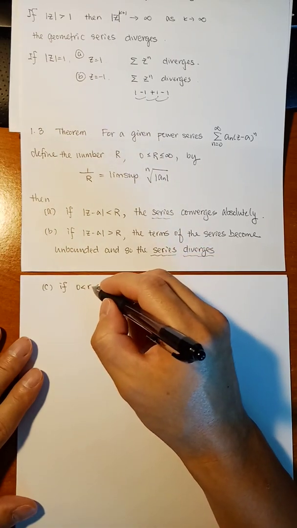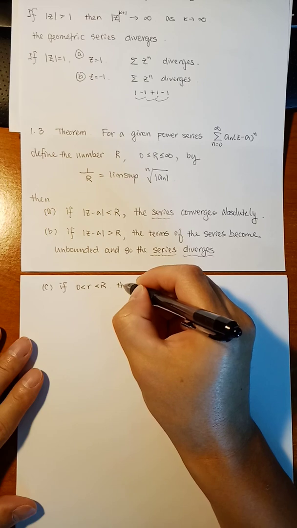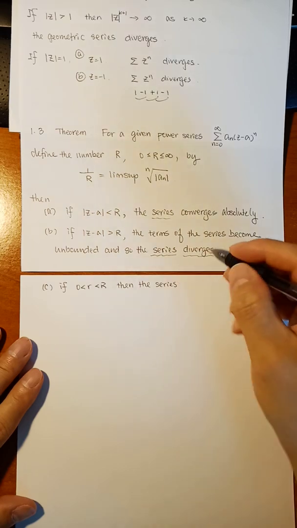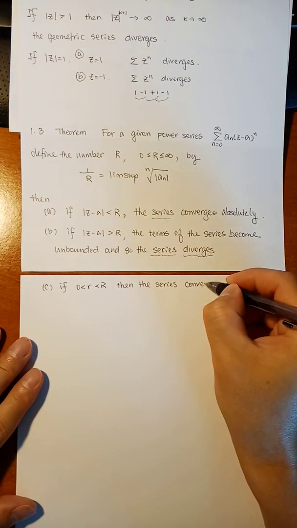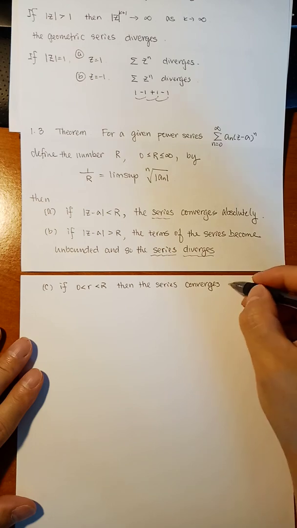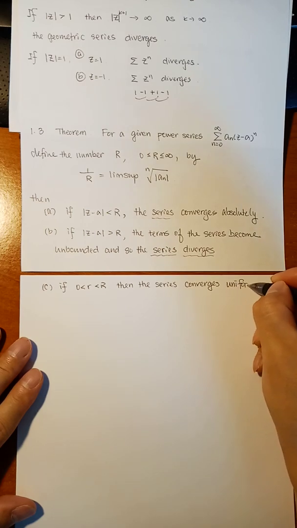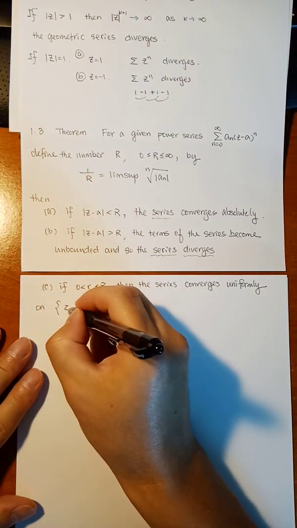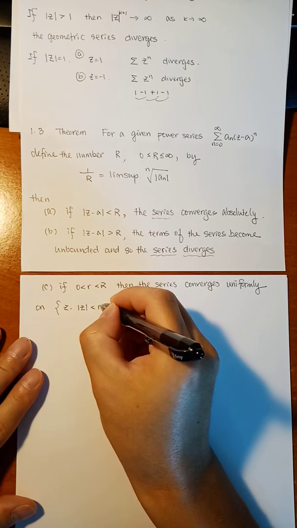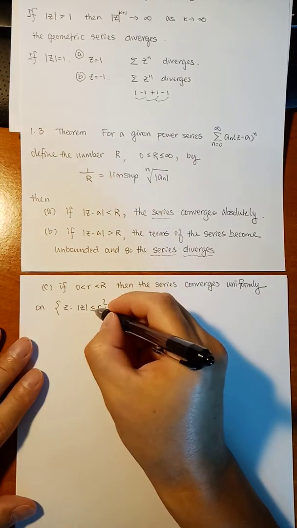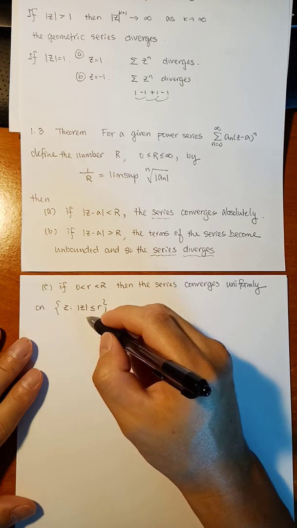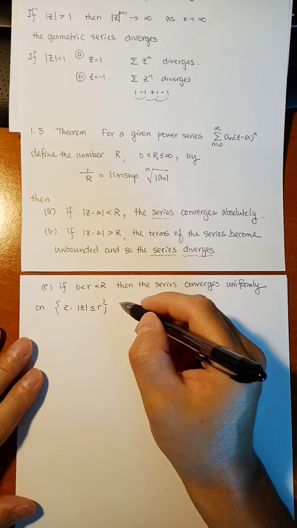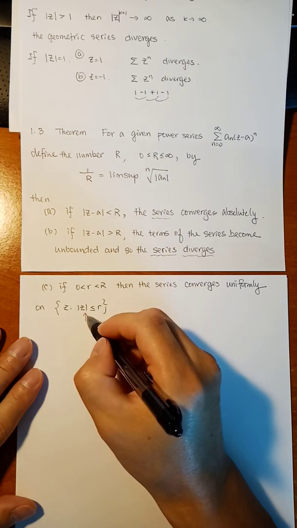So if 0 is less than little r less than capital R, then the series converges uniformly on this closed disk centered at... well, let's put a little question mark here.